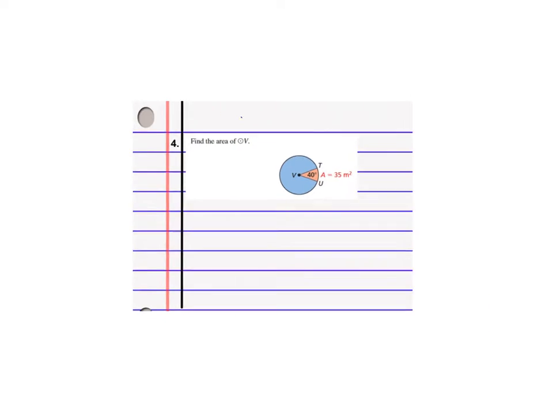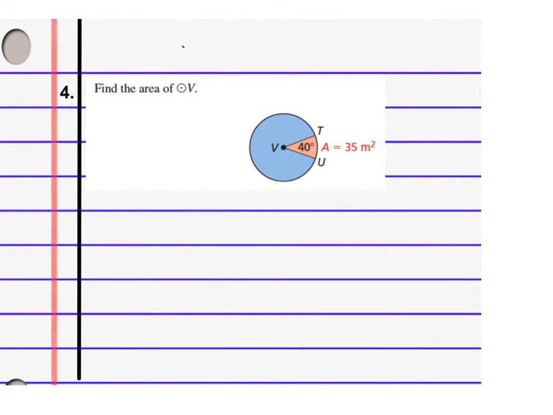All right, number 4, find the area of circle V. So now we do want the area of the entire circle, and they are telling us in this problem that the area of the sector, the little reddish, pinkish, salmon colored sector, is 35.